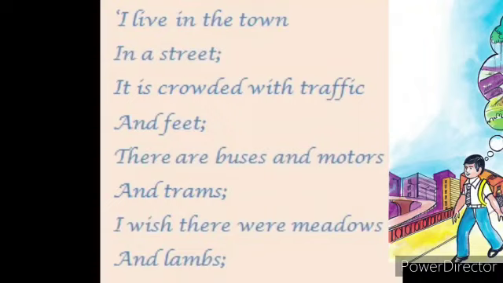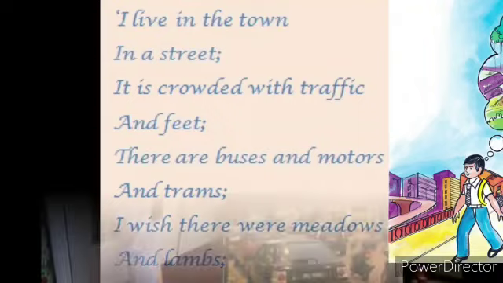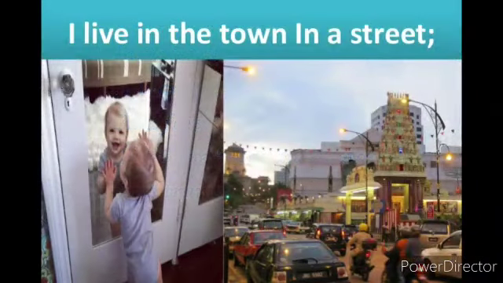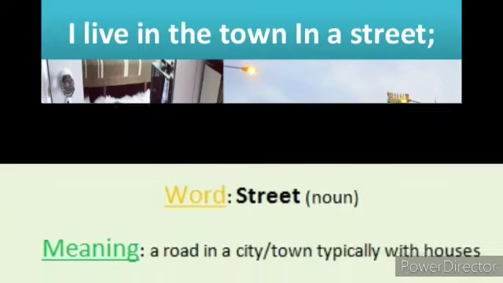So, look at the first line. I live in the town in a street. Here, I in the first line stands for the poetess or the child. The first line tells us that the child lives in a town in a particular area. Now, students, look at the word street.